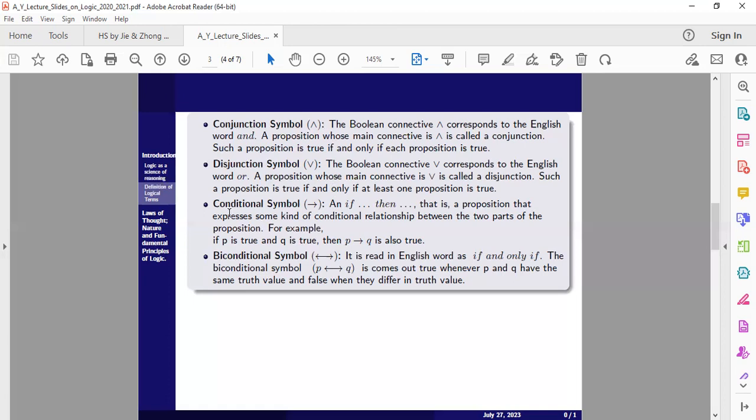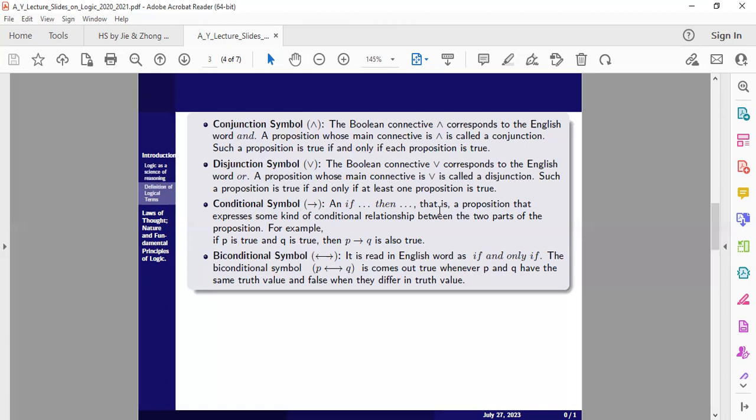So we also have the conditional symbol: if dash dash dash, then dash dash dash.